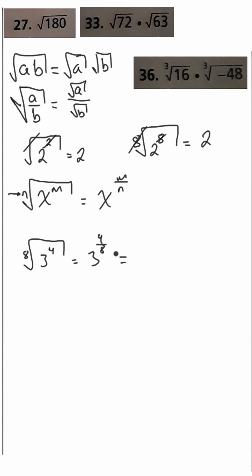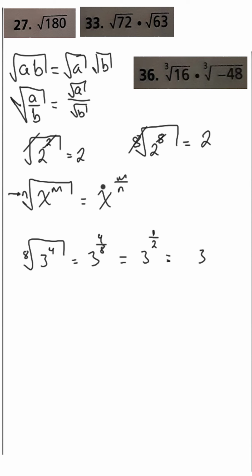This is way easier to simplify than to think, well, what is going to be the 8th root of 3 to the 4, right? It's easier to see it this way because then you can just simplify. So 4 over 8, let's divide by 4, is the same as 1 over 2. And then you can convert it back into a root.